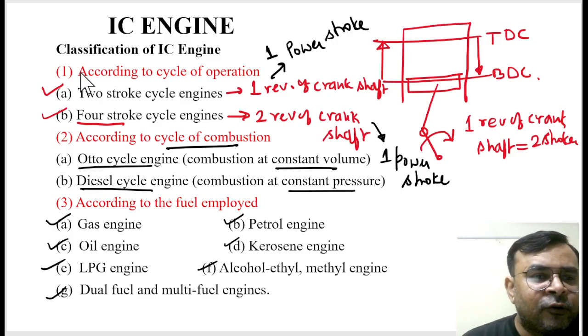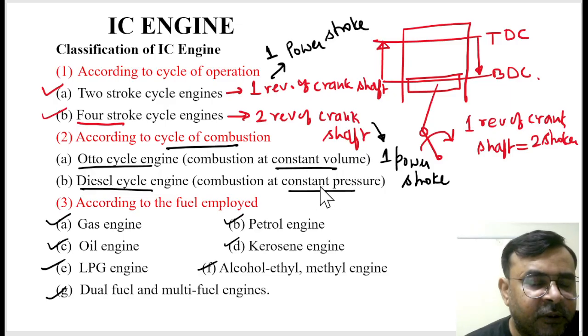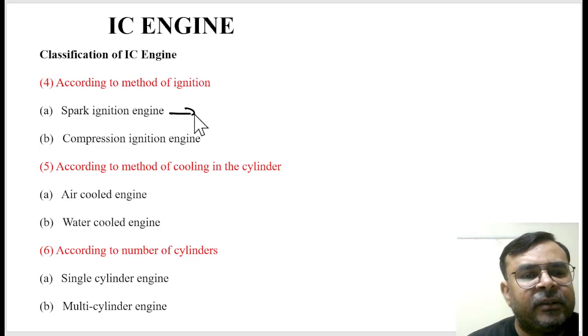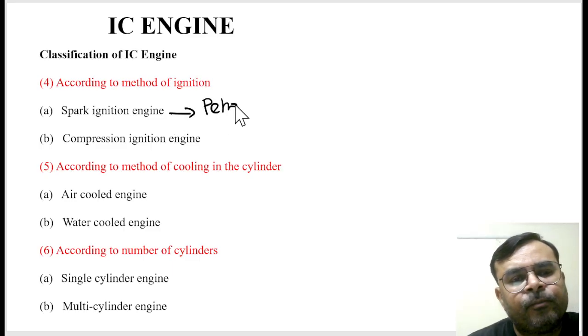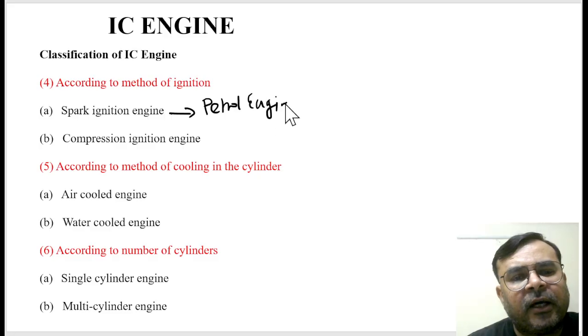Is it right? So the first classification is on the basis of cycle of operation, 2 stroke, 4 stroke, and according to the cycle of combustion, either constant volume combustion or constant pressure combustion. Is it right? And according to the method of ignition, the spark ignition engine is basically the petrol engine, and in this petrol engine we have a spark plug. Is it right?